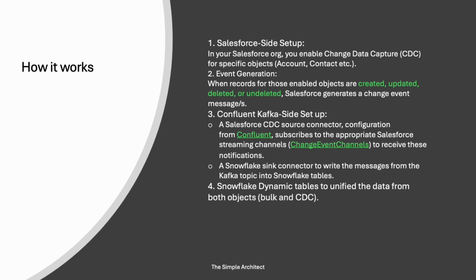A Snowflake sync connector to write the messages from the Kafka topics into a Snowflake table. A Snowflake side setup: in Snowflake is where we create the dynamic tables to unify the data from both objects, bulk and CDC API.